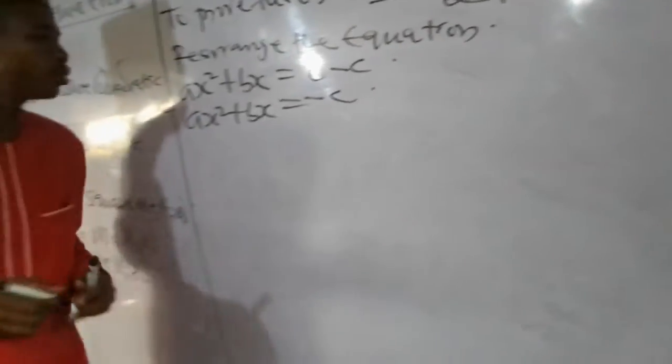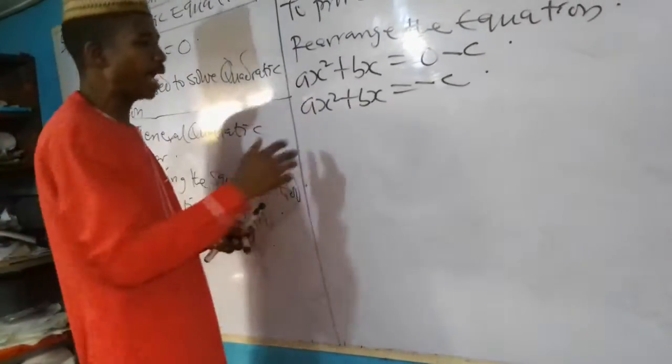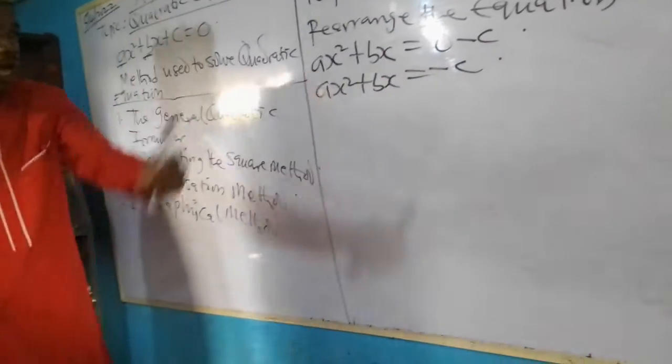The next thing we are going to do is to divide each term by the coefficient of x squared.